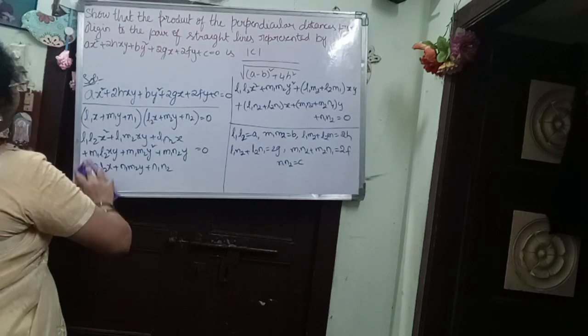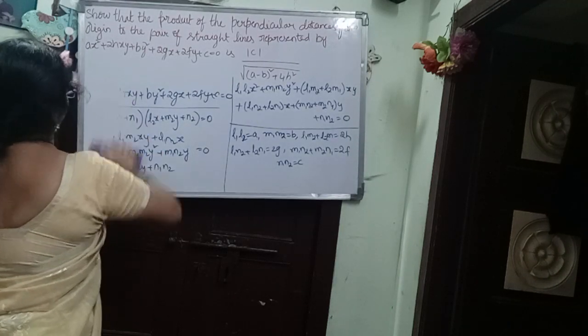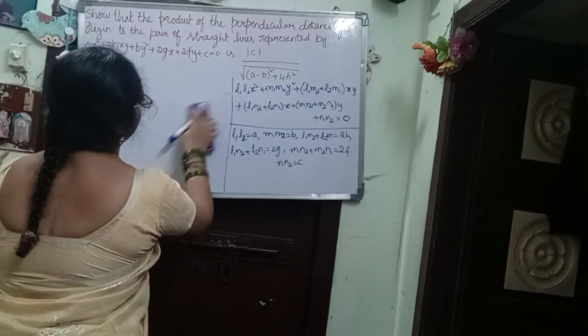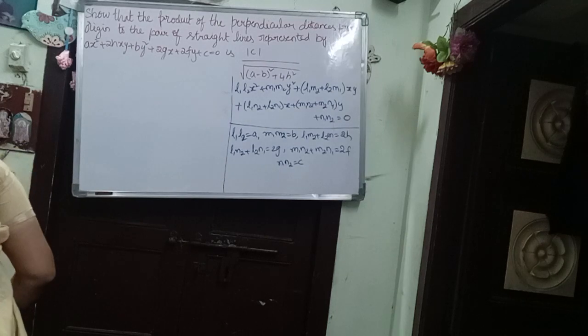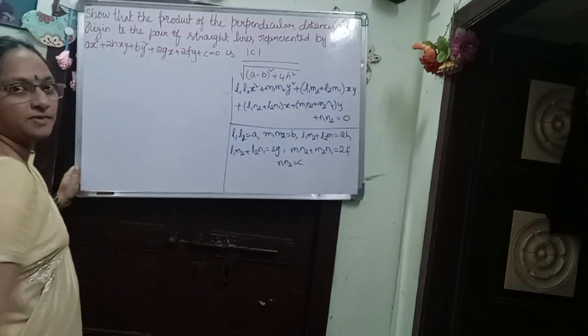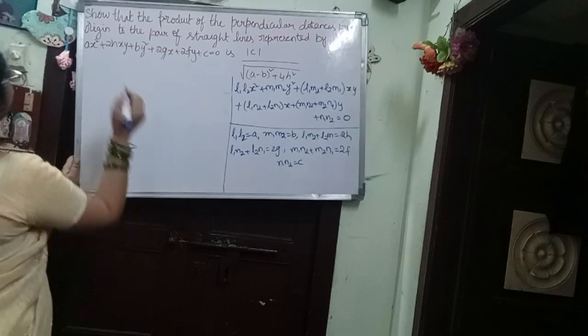Now we have the perpendicular distance formula for each line, for one line.